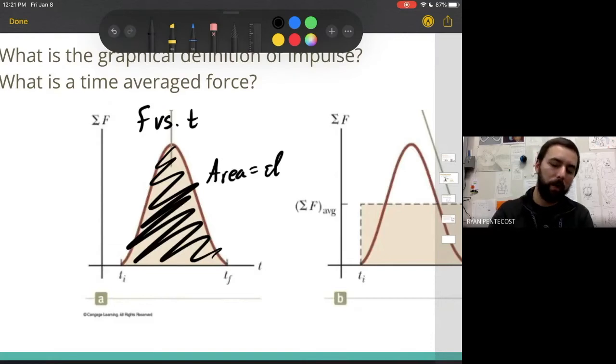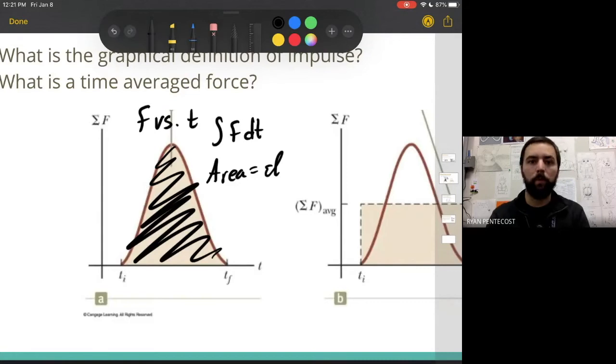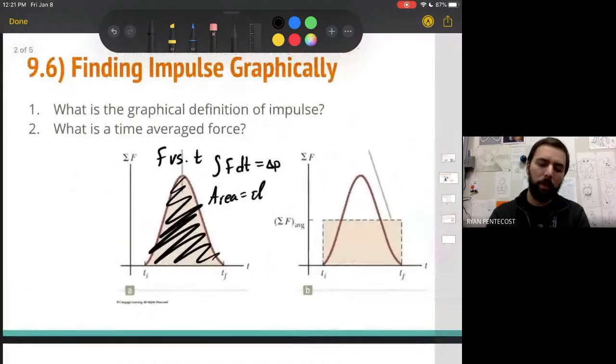Or you could say that that would be the integral of F dt, right? Talked about that before. That is also the delta P, the change in momentum during that time frame. So we've talked about that quite a bit. That is the graphical definition of impulse. We talked about that in this video and the previous video.